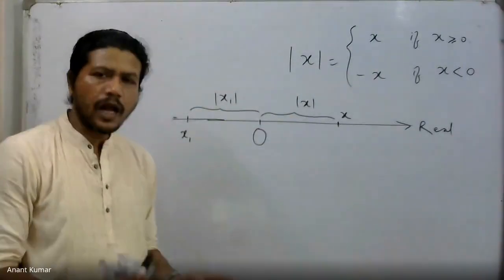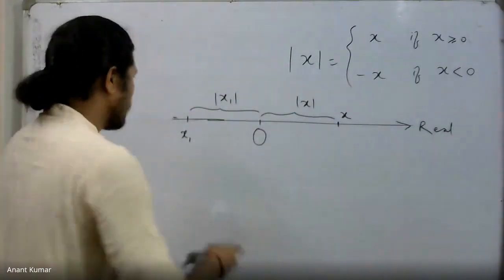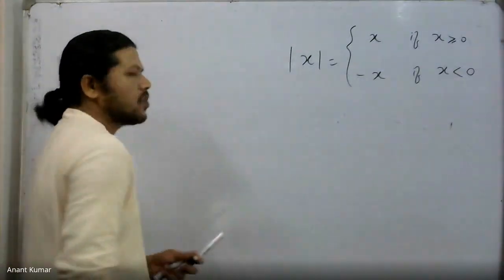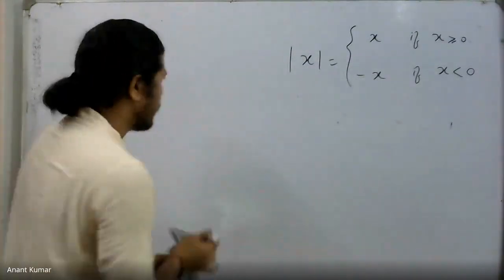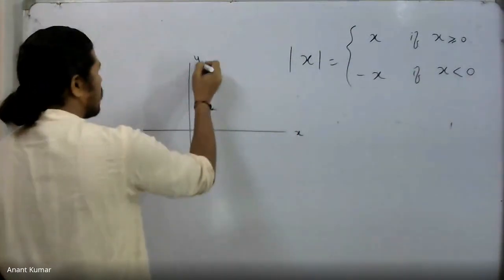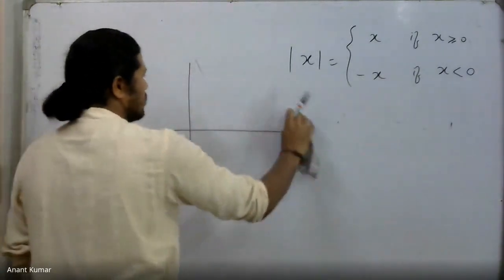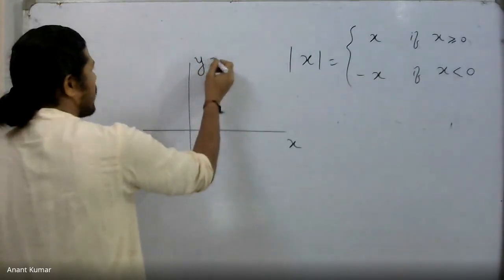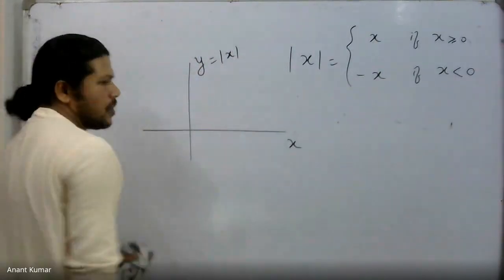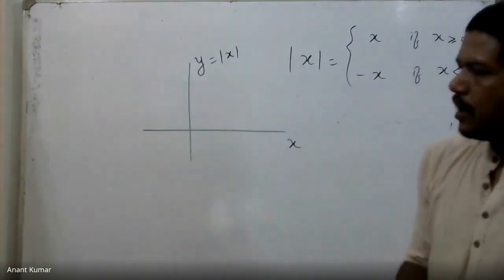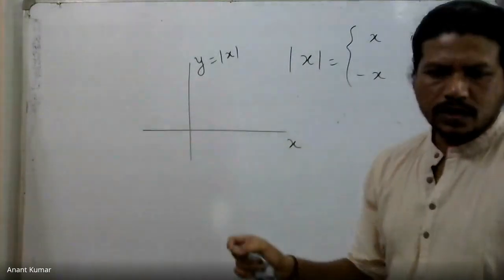We can actually draw the graph of this function. Graphically speaking, I can draw the graph by looking at what happens on each of the sides. If I consider the xy plane and look at the equality y equal to mod x, I'm going to assign to the y coordinate of the point the value of the modulus of any real number.